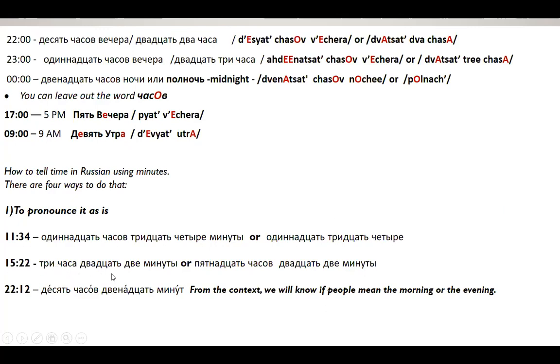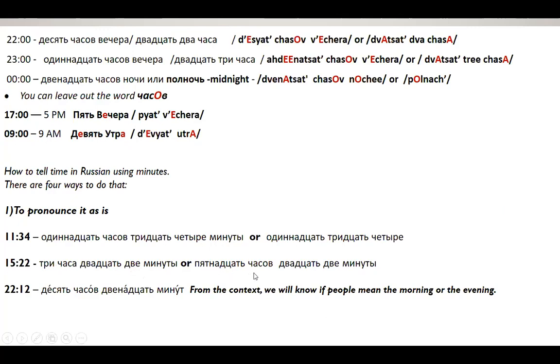Or in the 24-hour system, it will be 15 часов 22 минуты, which if we leave out the word minutes, we can say it's 15 hours 22.